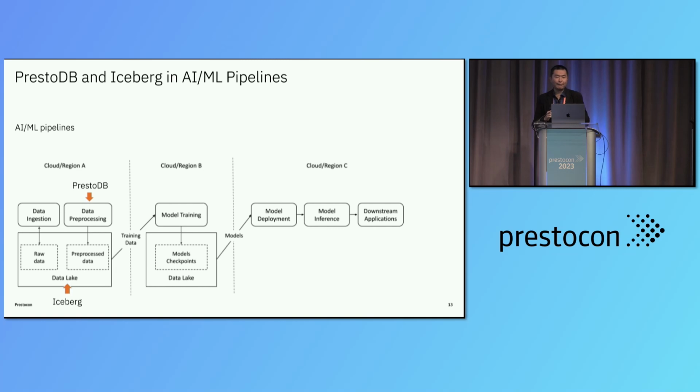But after I joined Alluxio, we are seeing more and more use cases in the AI machine learning pipeline. They are using data ingestion or pre-processing modules, trying to retrieve data from a data lake, probably a Hive data warehouse, probably just an Iceberg table, whatever.